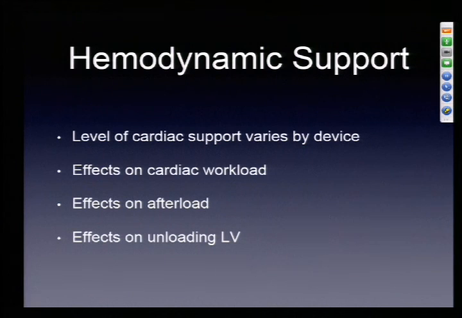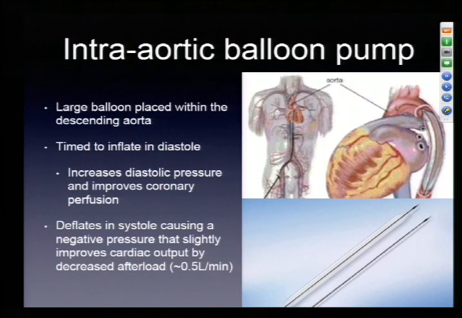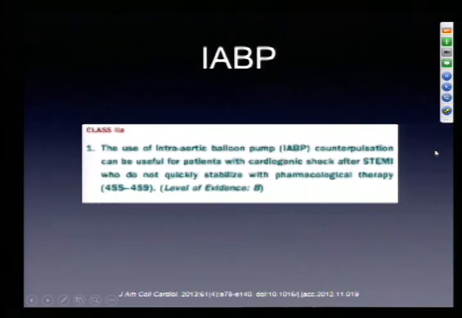And mostly that's based on either effects on afterload, either increasing that, meaning increasing the blood pressure that the heart is pumping against, or decreasing it, and then unloading of the left ventricle, meaning kind of decreasing the preload of the heart and putting them back on the Starling curve. So the intra-aortic balloon pump, what you see is it's a large balloon. These are some pictures, deflated and inflated. It's placed in the descending aorta.